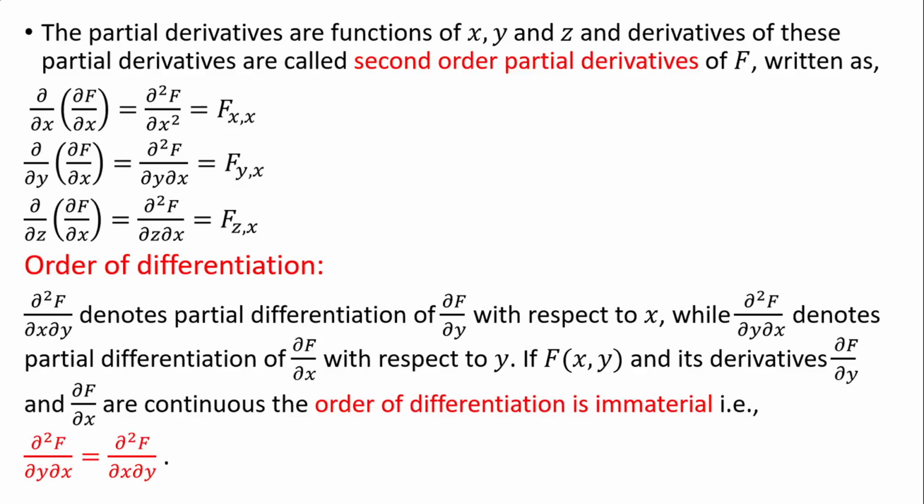Okay. Now what is the order here? Order of differentiation. As we have seen, ∂²f/∂x∂y denotes differentiation of ∂f/∂y with respect to x, while ∂²f/∂y∂x denotes partial differentiation of ∂f/∂x with respect to y.